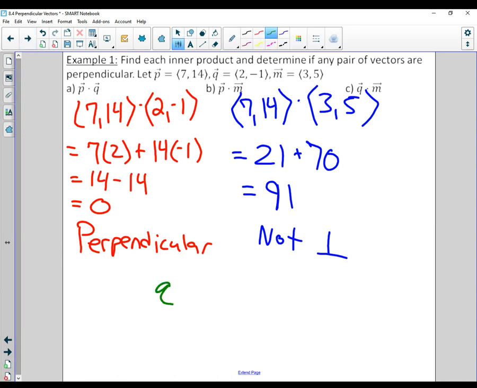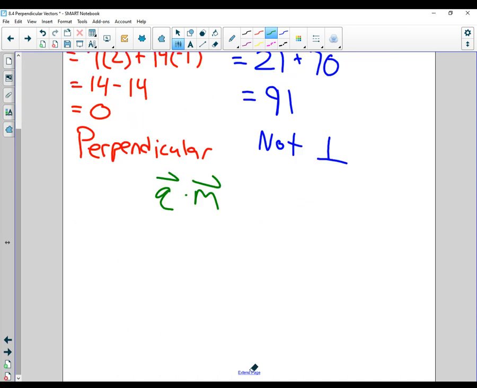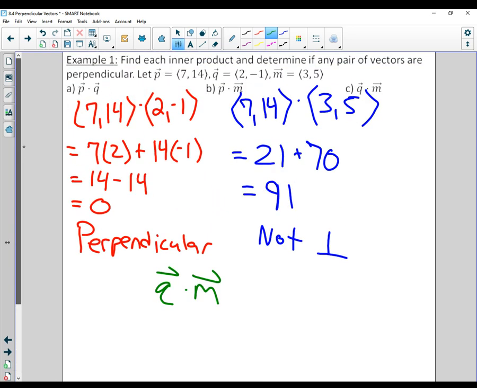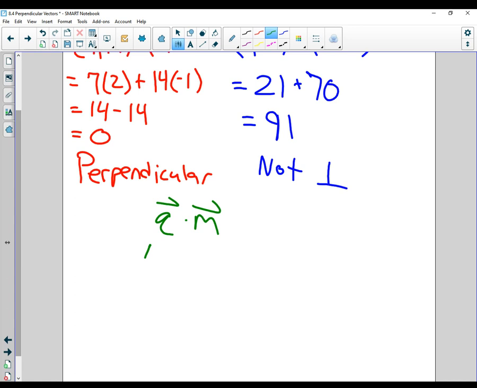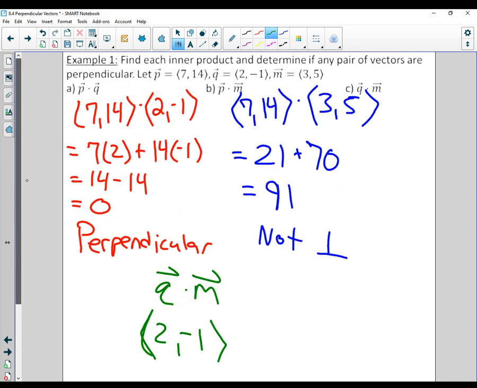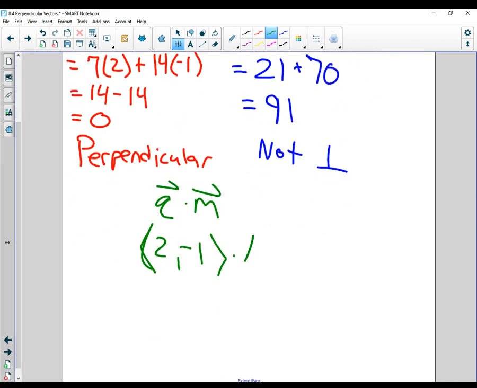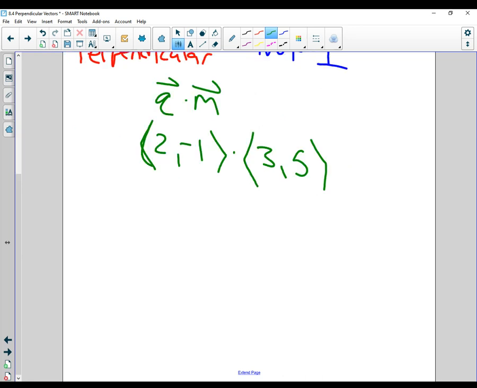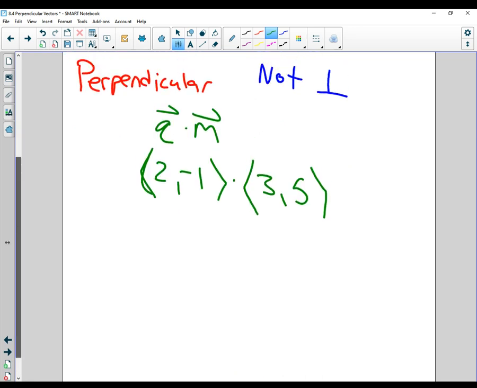And then if we're doing Q times M, then what was Q? 2, -1. And M is 3, 5. Two times 3 is 6.